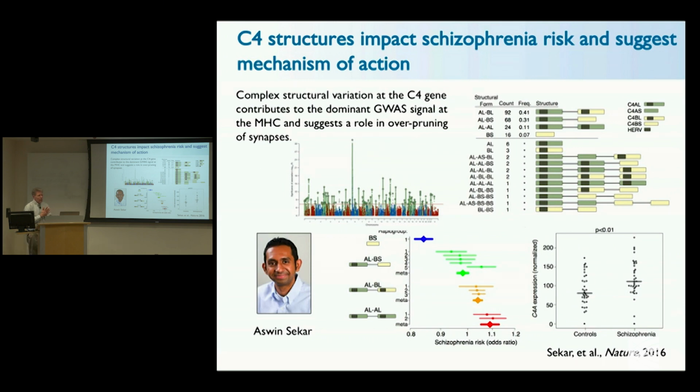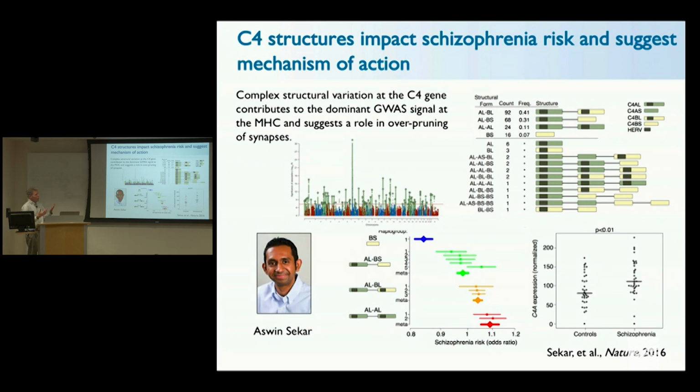C4 is also one of these complicated multi-allelic loci. To understand C4, you have to understand that there are actually two forms of the C4 gene. They're called C4A and C4B. They differ at 4 amino acids at a specific binding site in C4, so they have different biological activity.